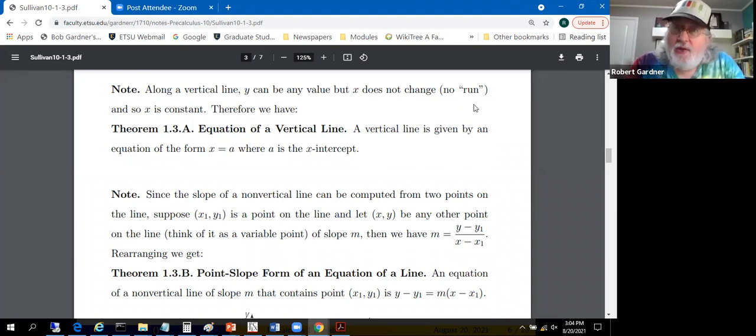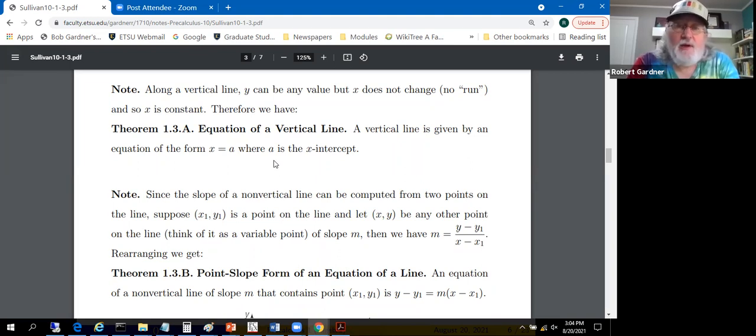There's no run in the rise over run stuff for vertical lines. So x doesn't change, y can be anything, x must be a constant, leading us to the equation of a vertical line: x equals a, where a is some constant. It's the x-intercept.